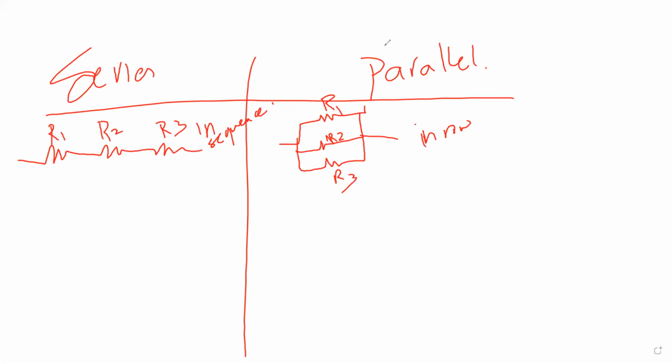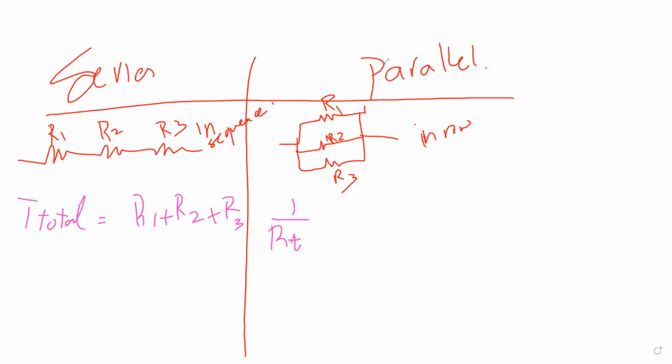Now, how will we find the total resistance? To find the total resistance in series, we add them: R1 plus R2 plus R3. But in parallel, we take the reciprocal.